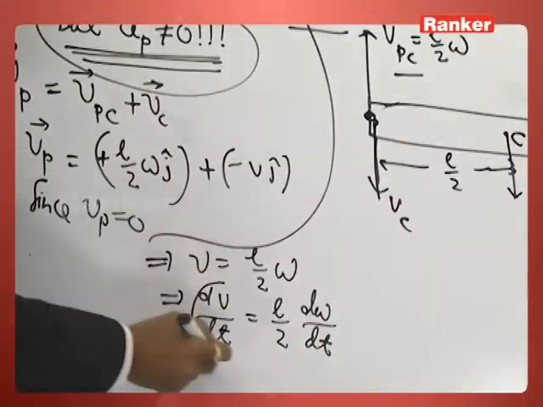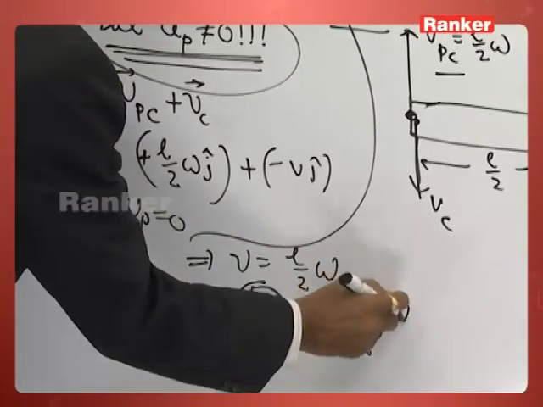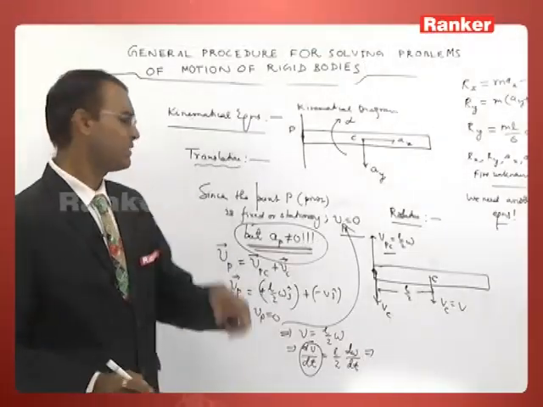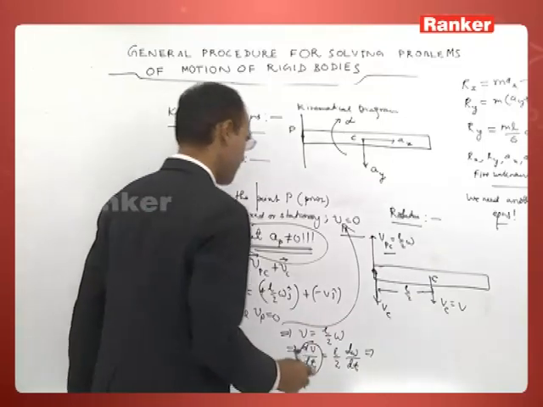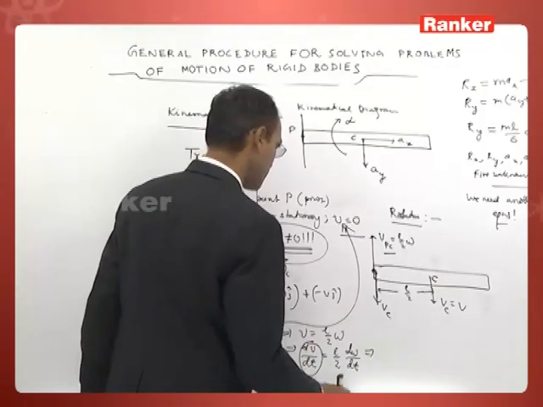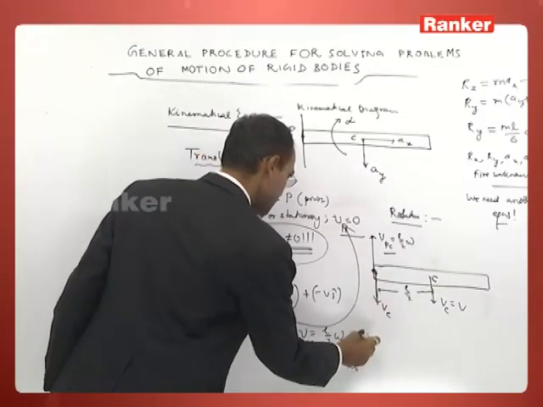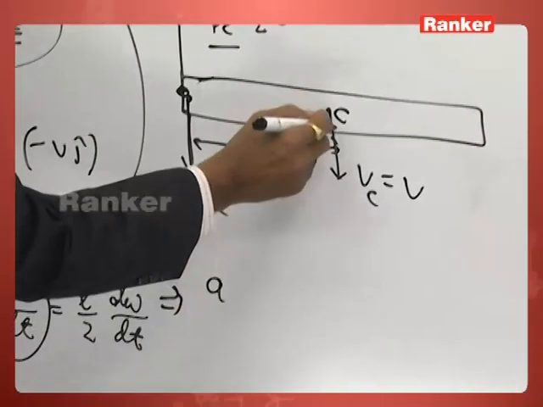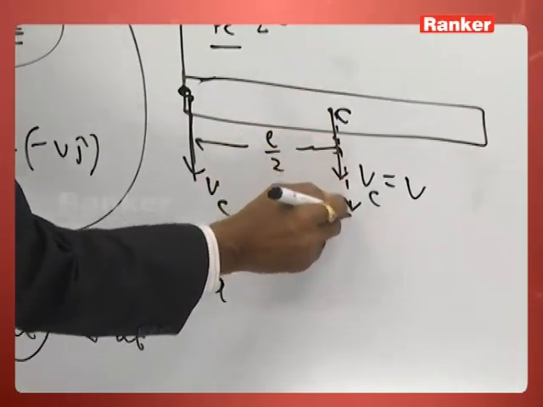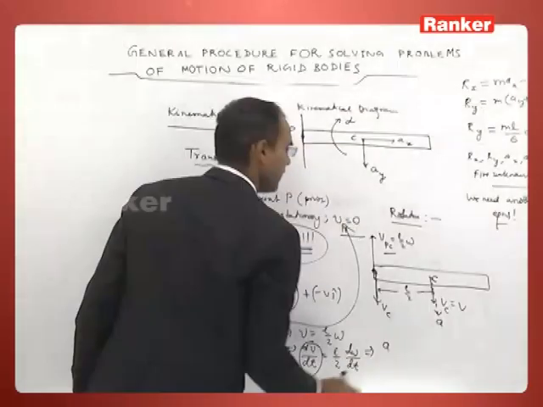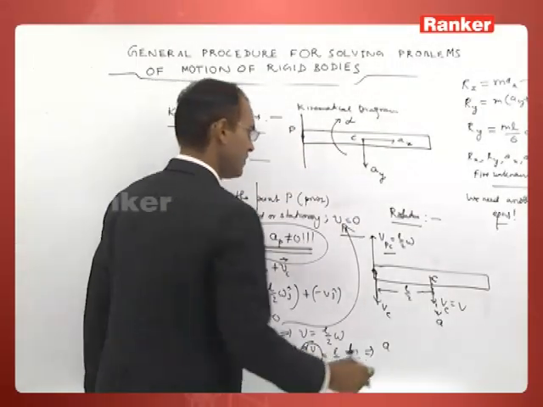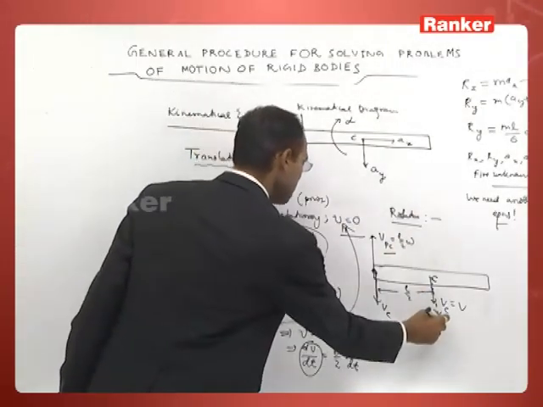And dV by dt is the rate of change of speed of the center of mass, that is equal to the acceleration of the center of mass in which direction?